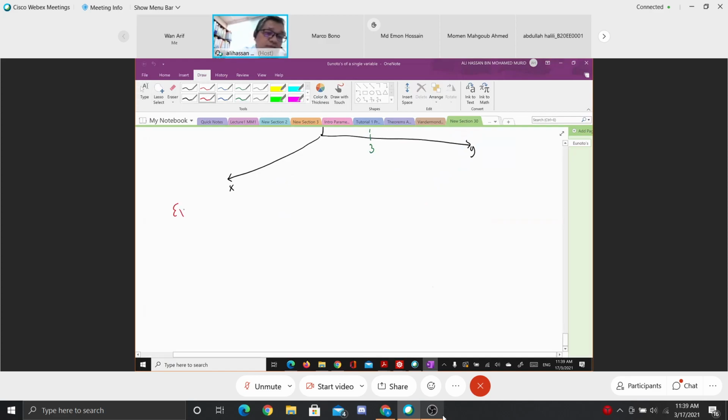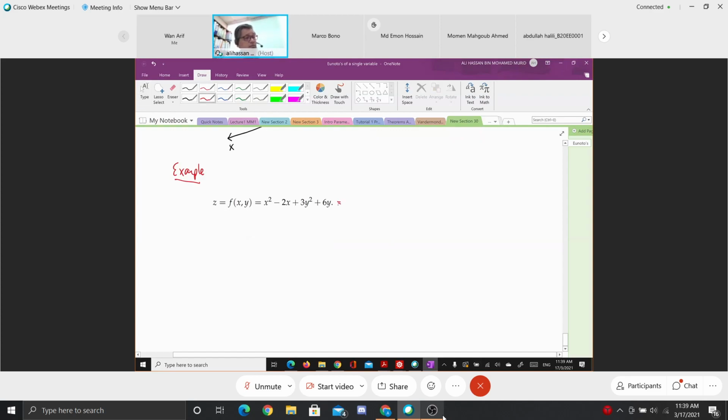Let's look at another example. It's the sample test question. We have already determined the alternative form using completing the square, right?